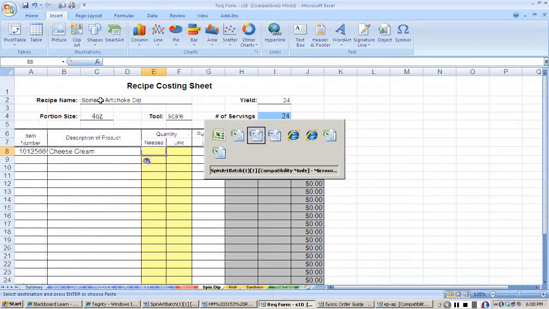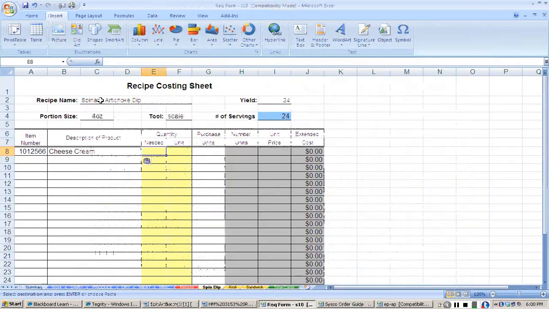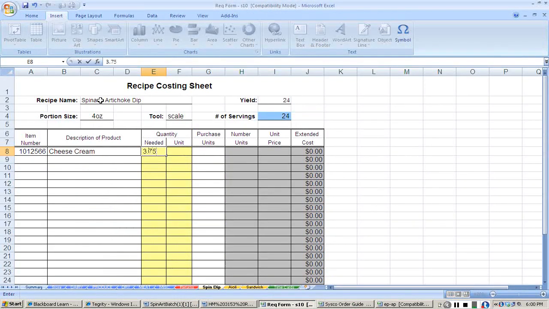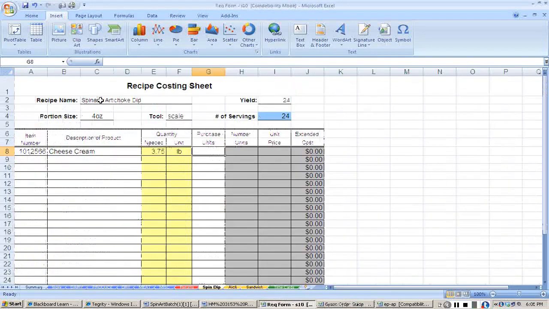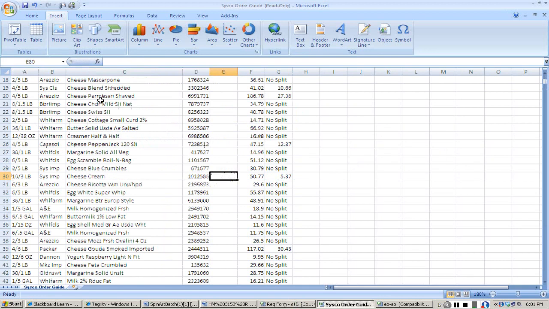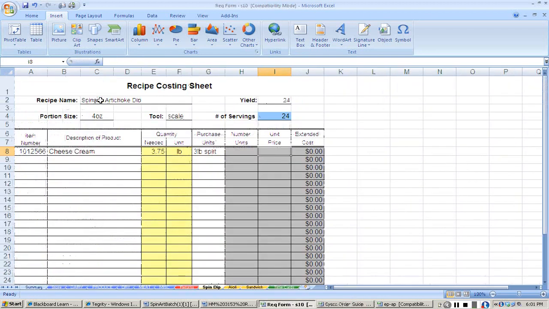Quantity needed was 3.75 pounds. Purchase units, it's 10/3 pounds, but I'm going to split the case, so I'm going to have a 3-pound split. Number of units, I'm going to hold off on that for just a second. $5.37 is the price.